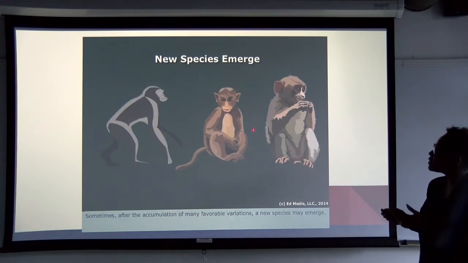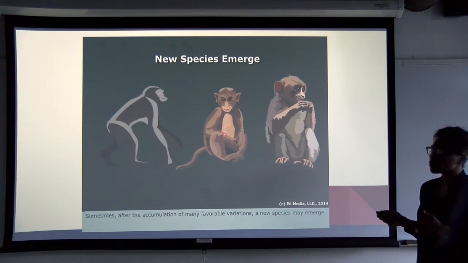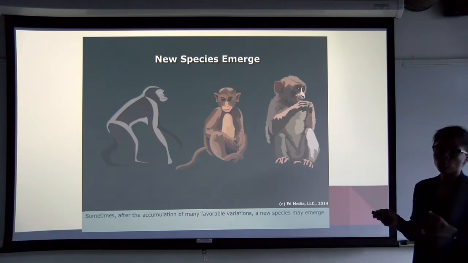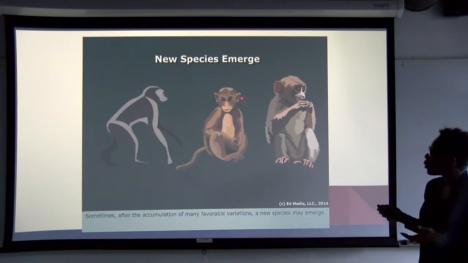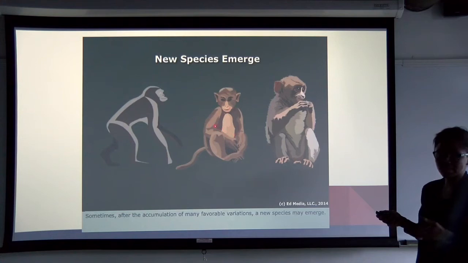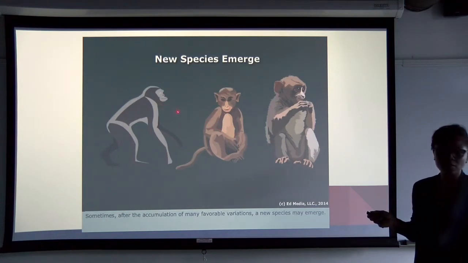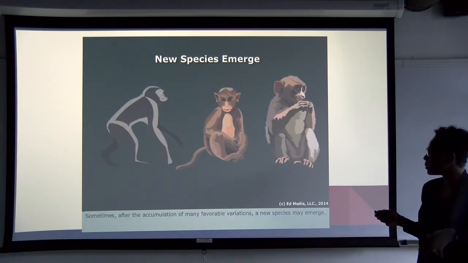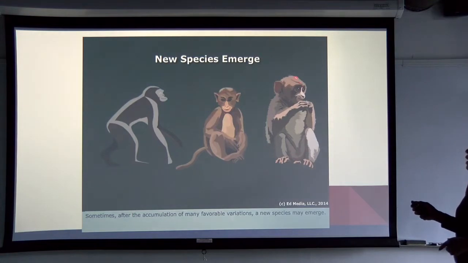And as the environment changed, those organisms that had the traits to help them survive in the changing environment would live and reproduce. The ones that had more of these other characteristics weren't able to survive in that environment over time. So we're thinking that this guy changed into this.